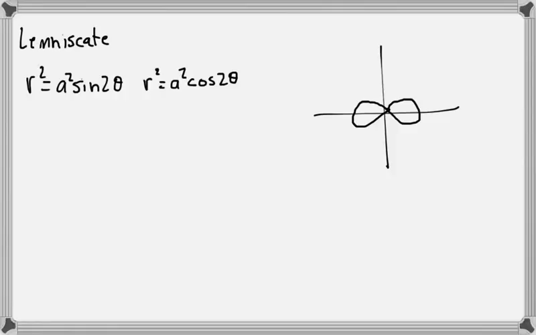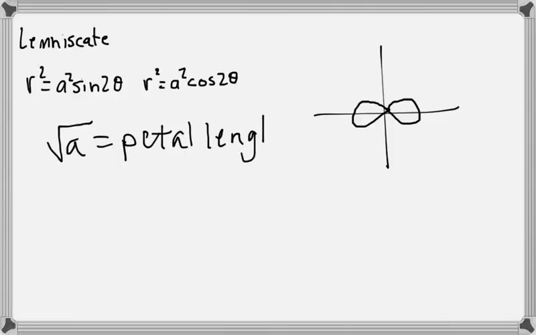We don't have n here, so we're not going to be changing the petals. There's only two petals. The only piece of information you need to know about this is that it has a specific petal length. Listen. You have the square root of A equal to your petal length. So if A is 4, then my petal length would be just 2.